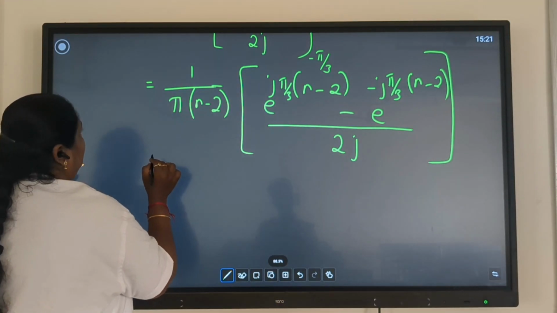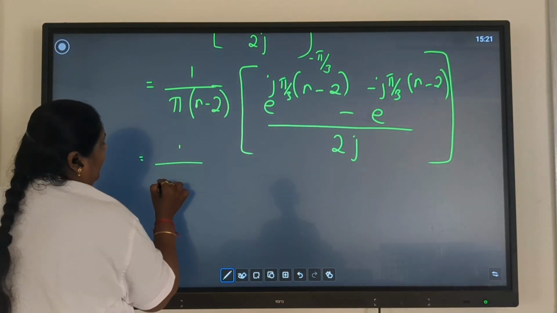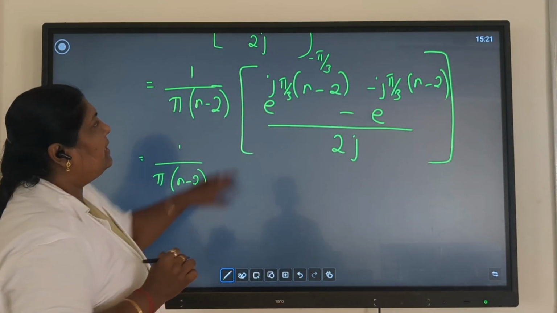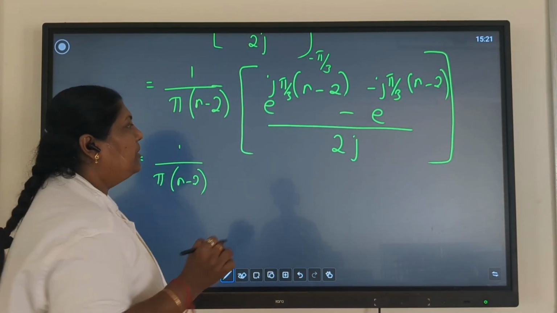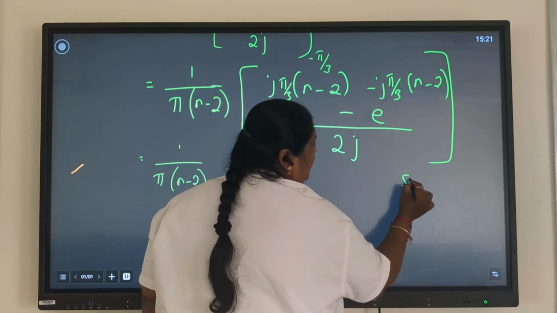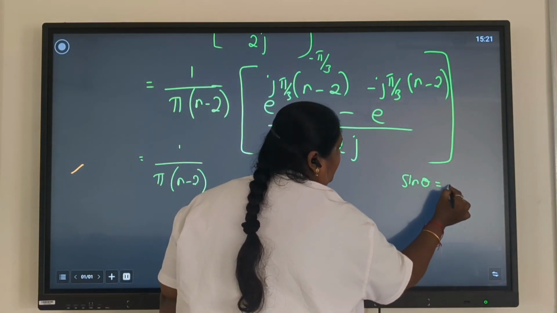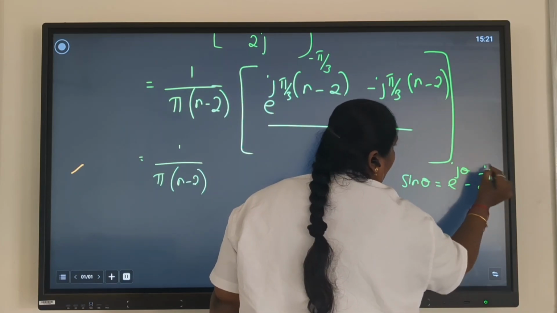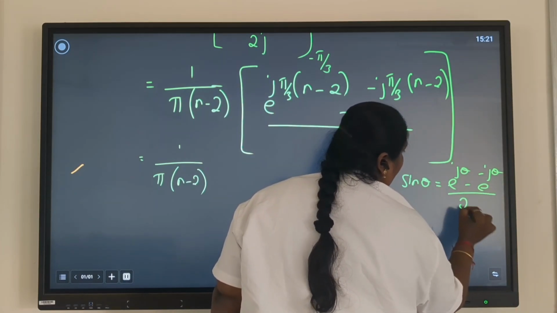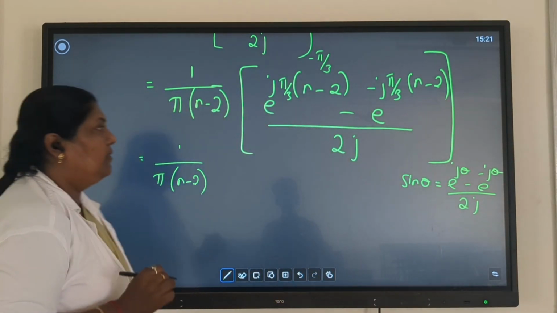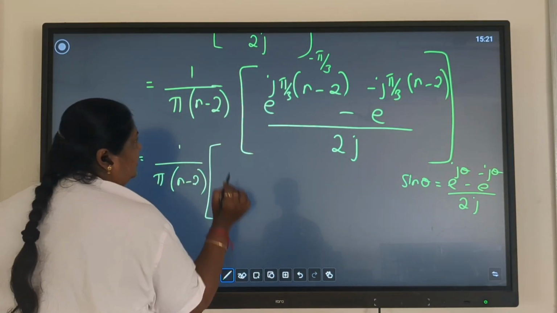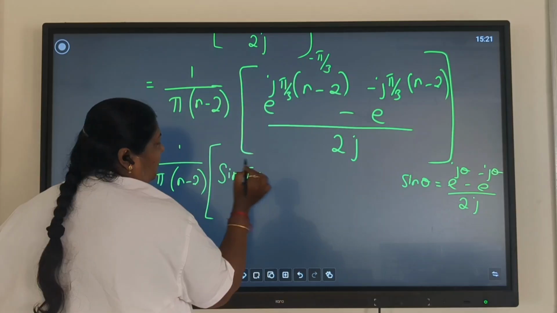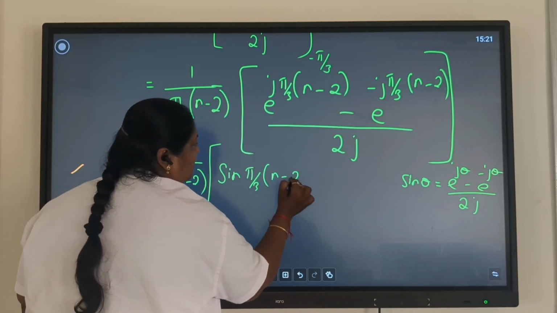So that is equal to 1 by pi into n minus 2. Can I write this term? This is similar to the formula sin theta is equal to e power j theta minus e power minus j theta divided by 2j. So I can write this term as sine of pi by 3 into n minus 2.